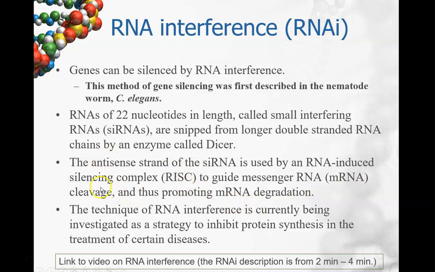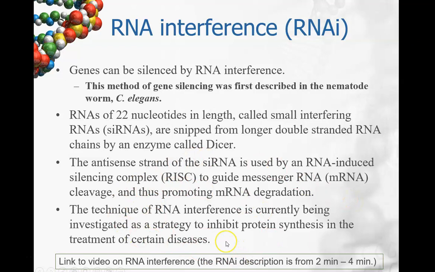And if you cleave the messenger RNA, then you can't use it for translation. And not only that, when you just have pieces of messenger RNA, the messenger RNA is degraded. So this is a way to halt translation in its tracks, to prevent the messenger RNA from being able to be used as a template for translation.